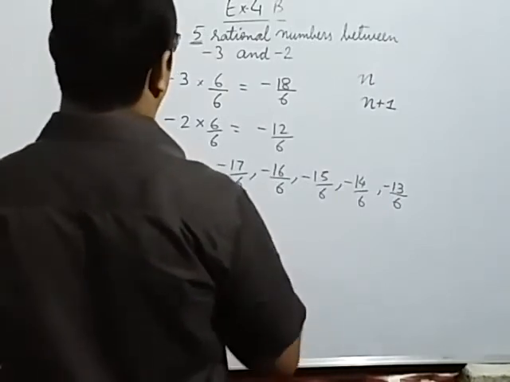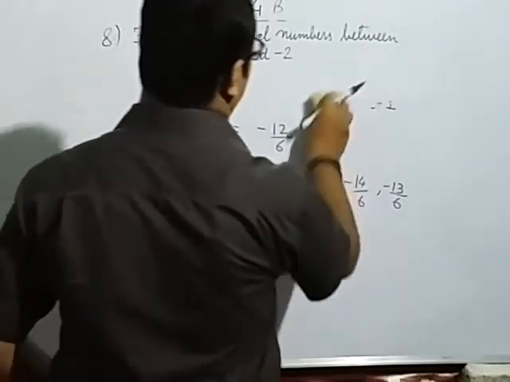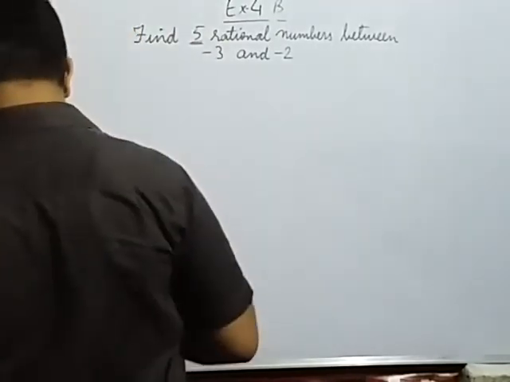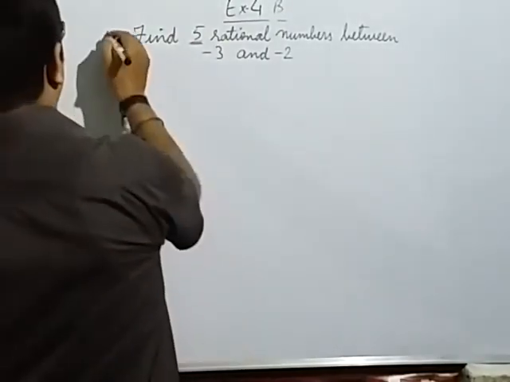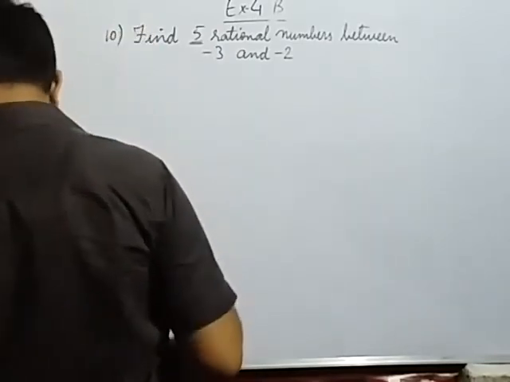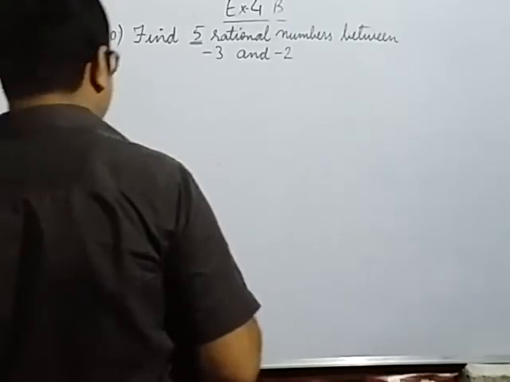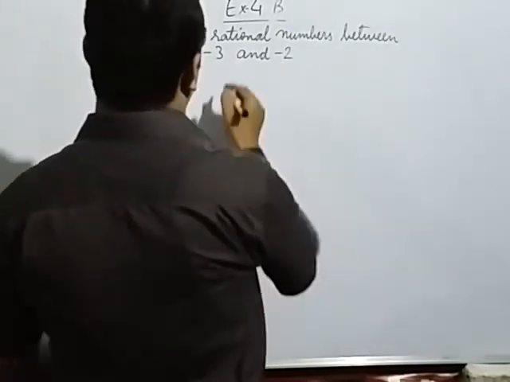Let us take one more question from the same exercise. Question number 10. Find 5 rational numbers between minus 3 upon 5 and minus 1 upon 2.